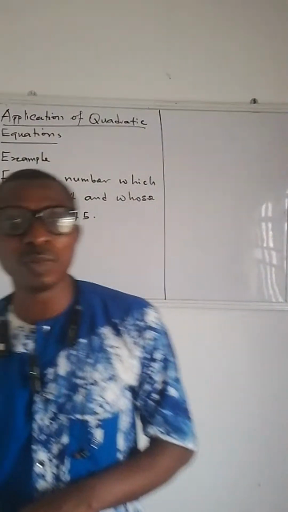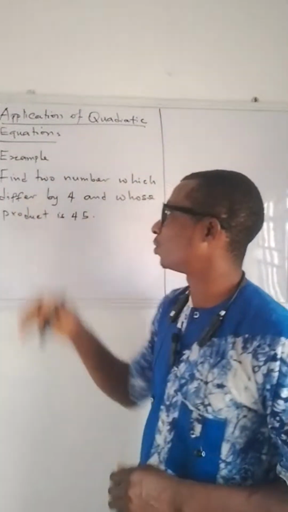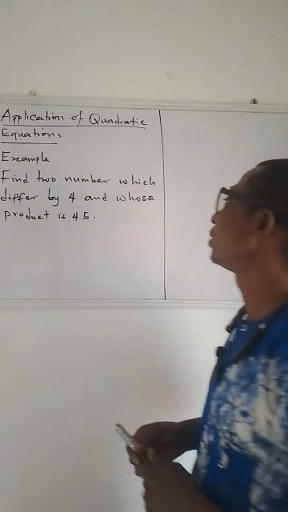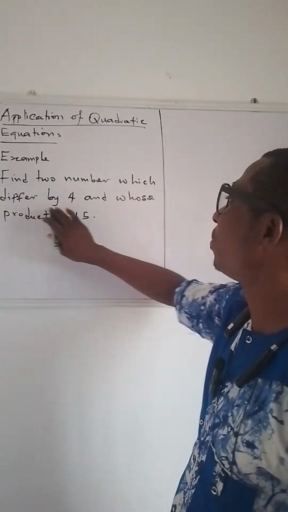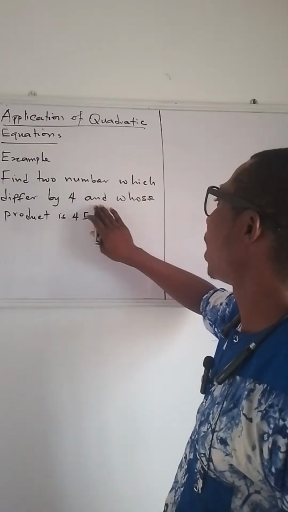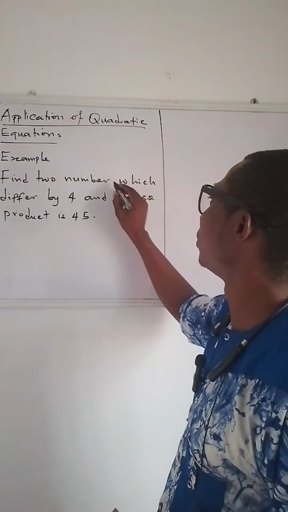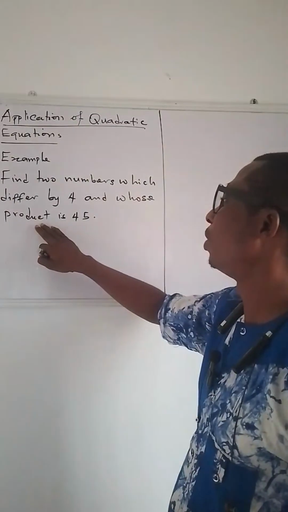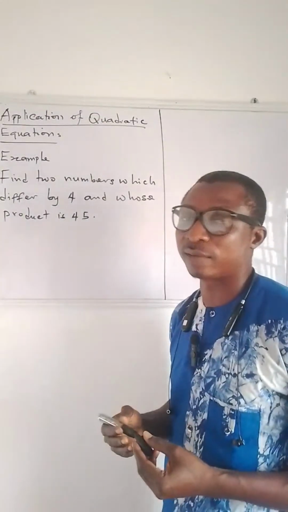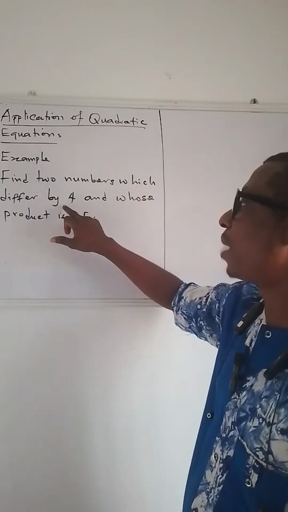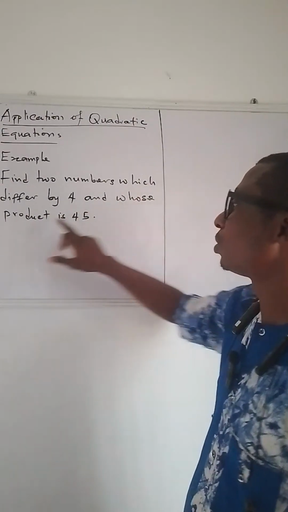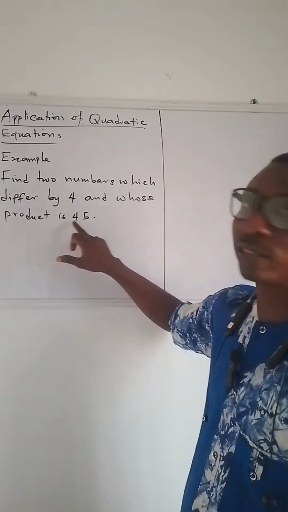Let's look at the problem we have on the board. Look at the question. Find two numbers which differ by 4 and whose product is 45.